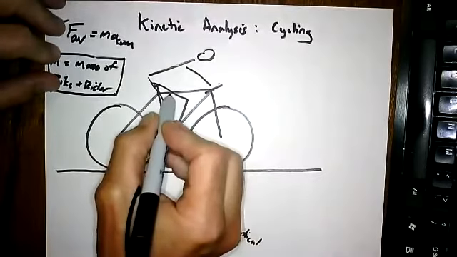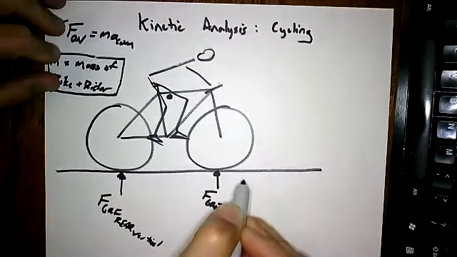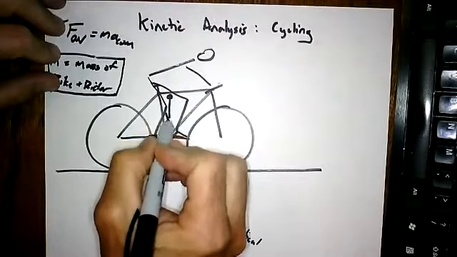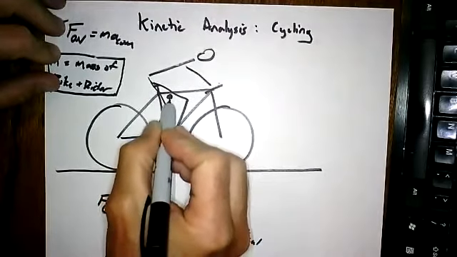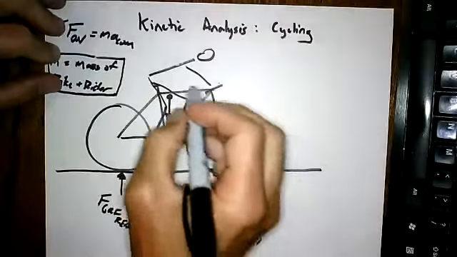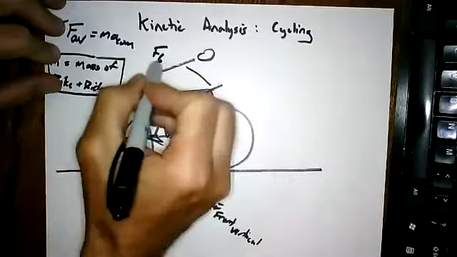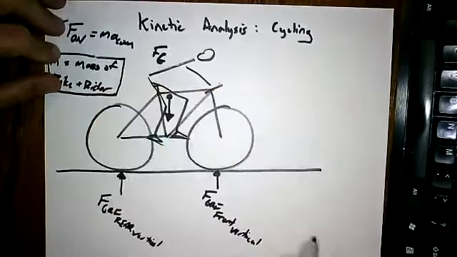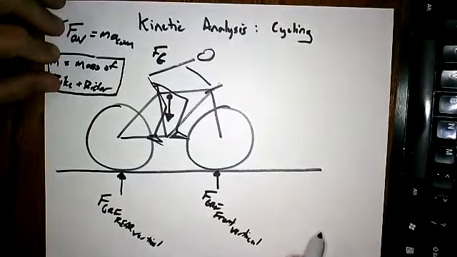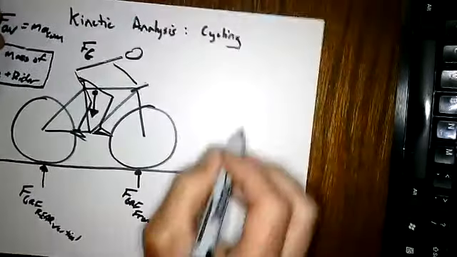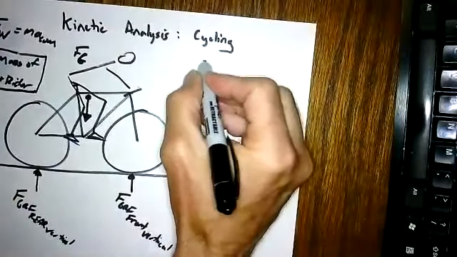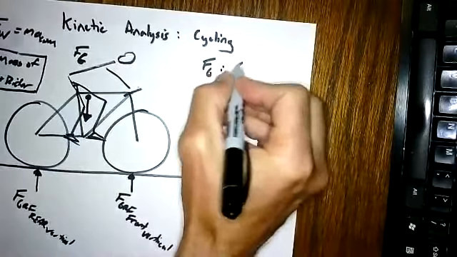What other forces are pushing or pulling on the bike rider? We have gravity. So I'm going to draw the center of mass of the bike rider system there, and I'm going to put an arrow right here and label it F of gravity, okay? And I better keep a list of all these. So I'm going to put a list over here. F G, gravity.